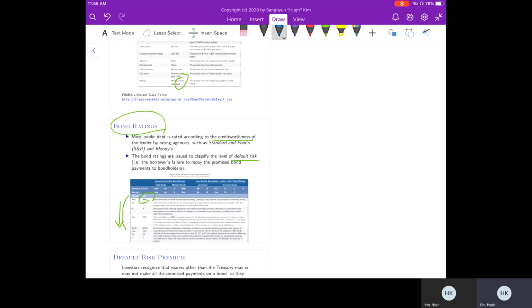So these are called investment quality bonds. And bonds with lower ratings, lower than BBB, are considered junk bonds. And these are very risky securities. And nowadays, junk bonds are called high yield bonds, for marketing purposes.